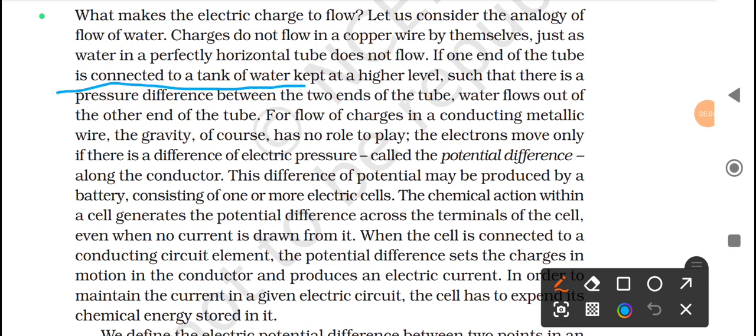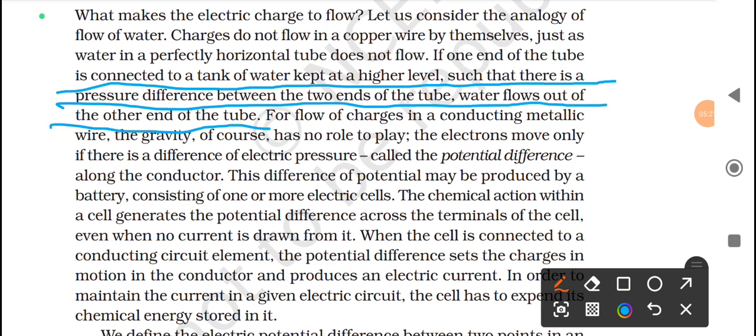if one end of the tube is connected to a tank of water kept at a higher level, such that there is a pressure difference between the two ends of the tube, water flows out of the other end of the tube.